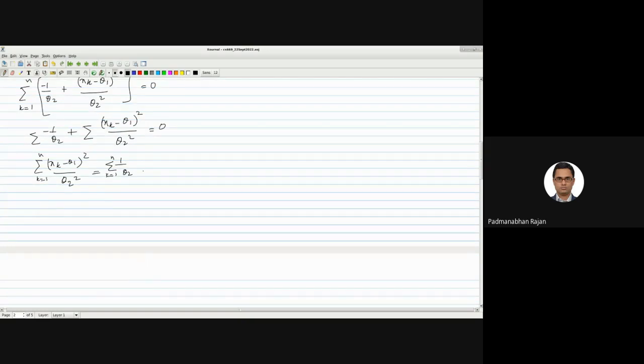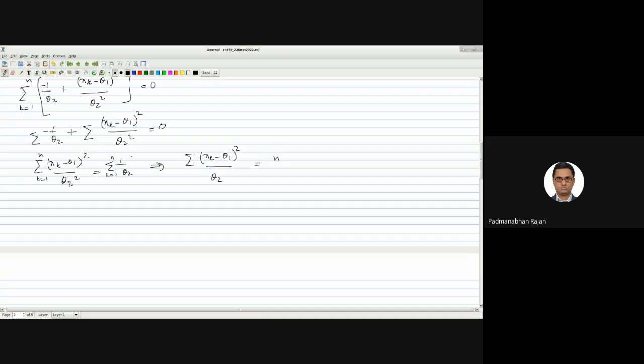And what will this become? I can just remove one theta 2 because it is there on both sides. So (xk minus theta 1) square by theta 2 is equal to small n.